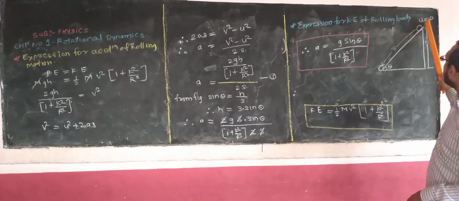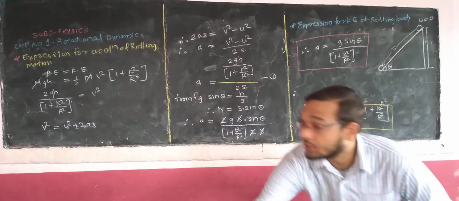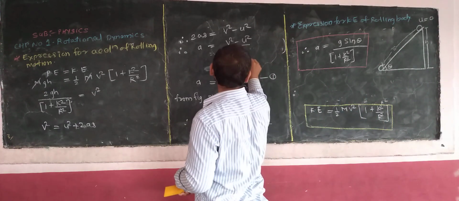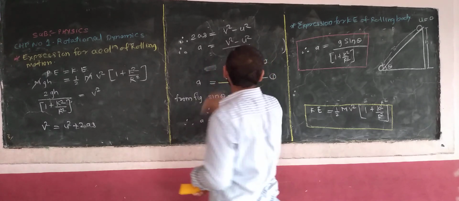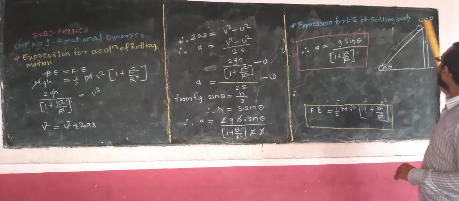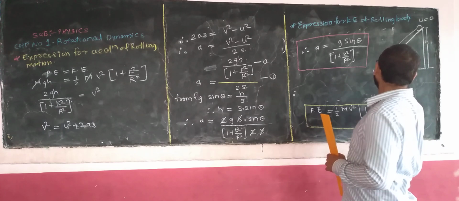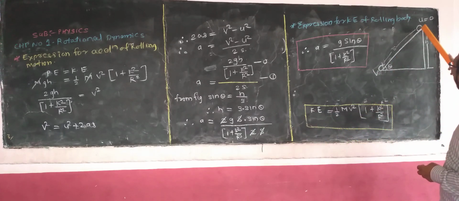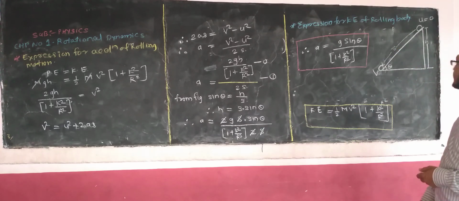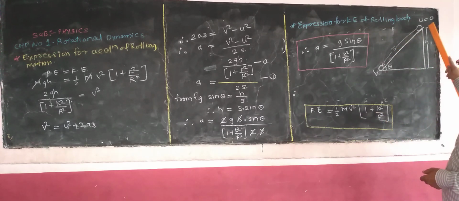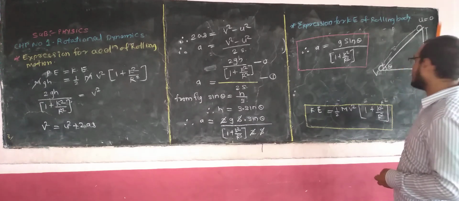The initial velocity u is 0, and the final velocity here is v. The body moves from here to here, so the displacement of the particle is s. It is inclined by a certain angle theta, and the height is h.